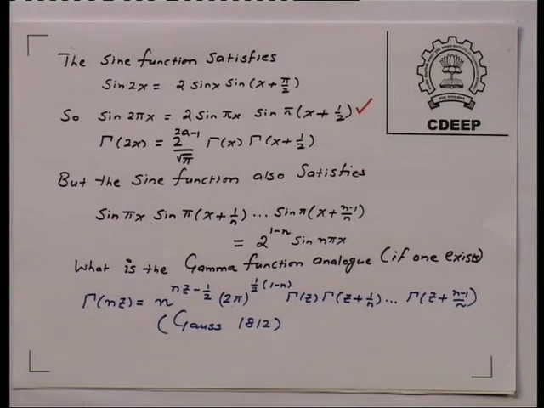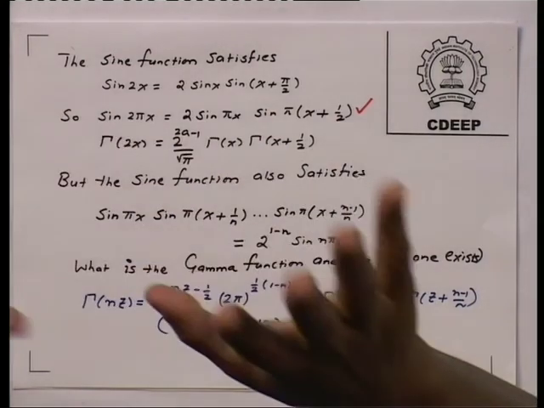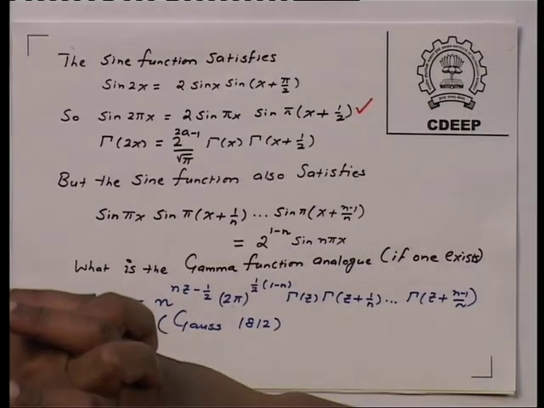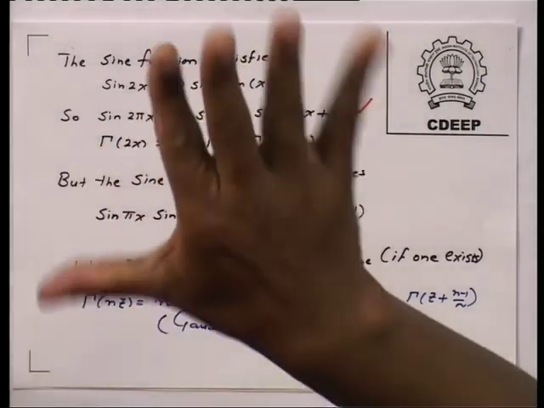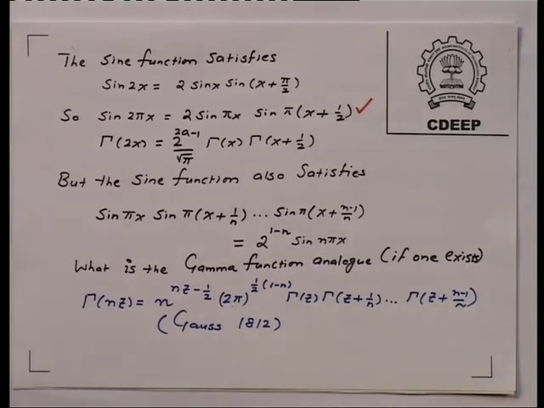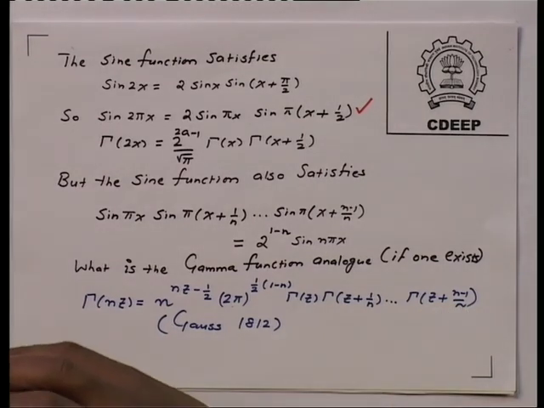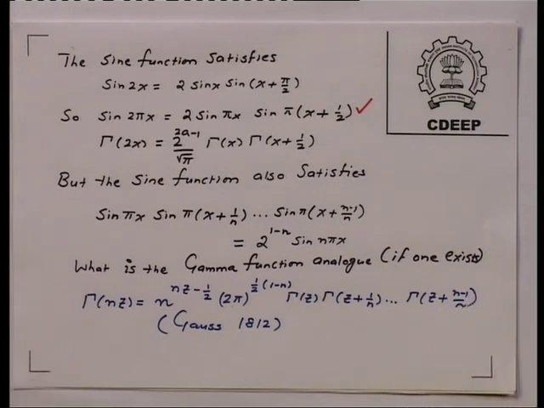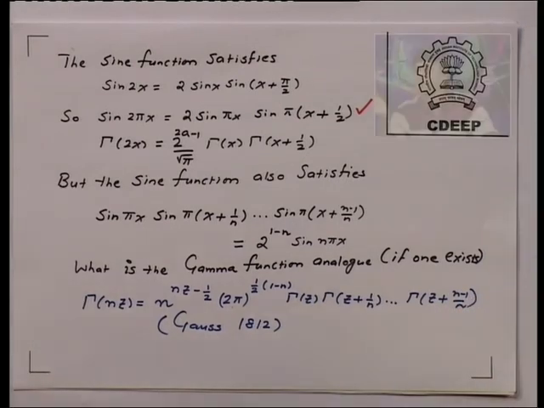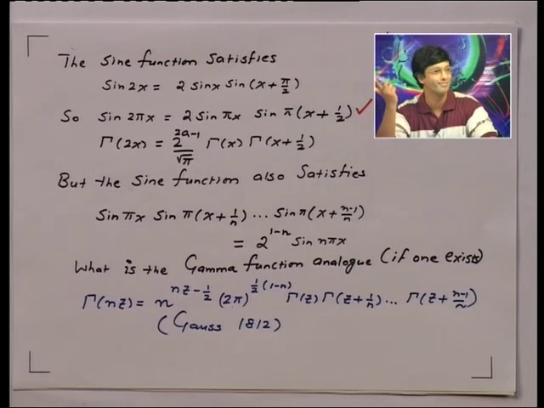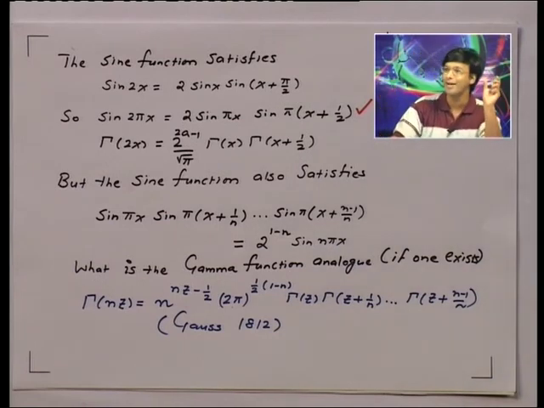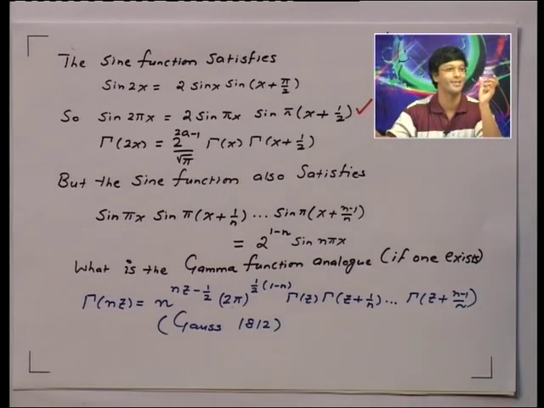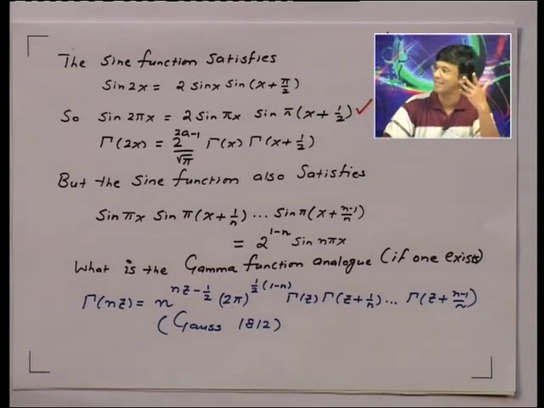The reason why there is such a thing is because the reflection formula tells you that the gamma function contains half the information that is contained in the sine function. The cosecant, pi by sine pi a, is gamma a into gamma 1 minus a. So, gamma a contains half of the information from sine function, gamma 1 minus a contains the other half.